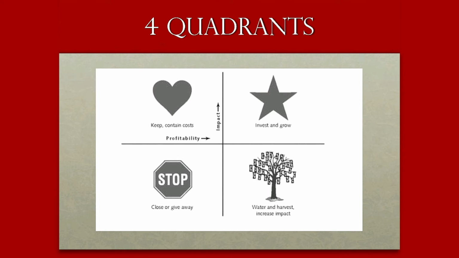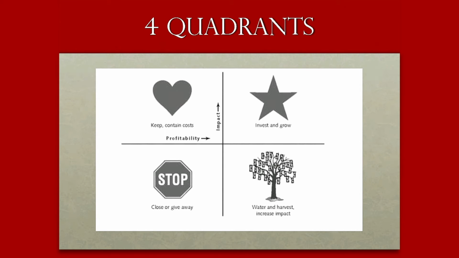So these are the four quadrants of the matrix map as presented. On the left, we have the heart, which is both profitable and has impact. Profitability is moving towards the right. Impact is moving from low to high, going up. So the heart is not its most profitable, but it has significant impact.